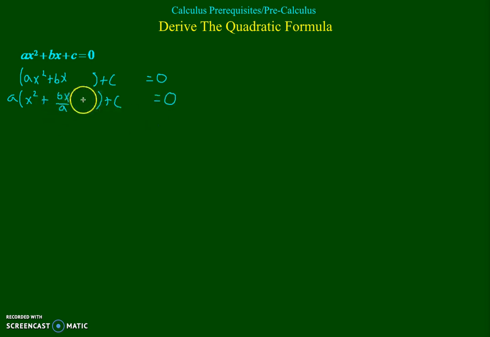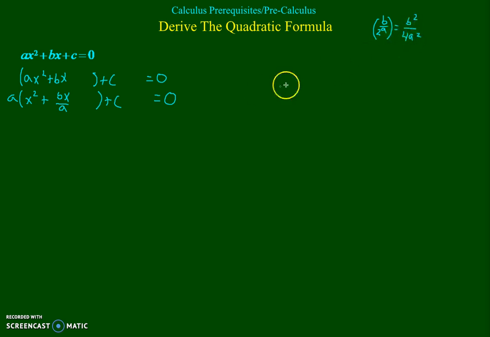Now, to get our third term, we take the coefficient of this middle term, b over a, divide it by 2, which is b over 2a, and then square it, which gives us b squared over 4a squared.